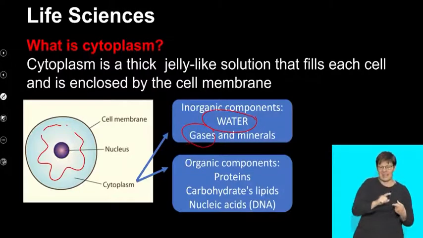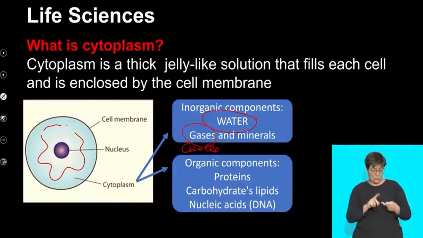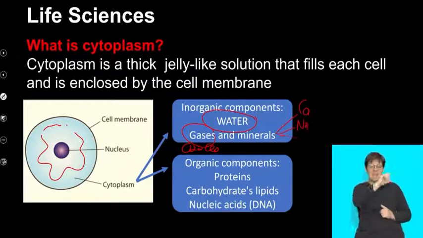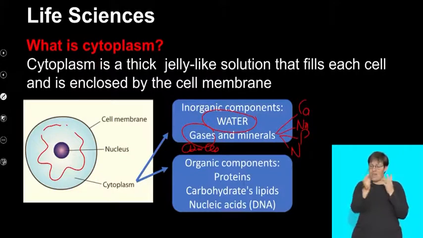What are my gases? Oxygen and carbon dioxide, and I'm going to have some minerals. What are my minerals? What did I look at during biochemistry? I looked at calcium, sodium, phosphate, nitrogen. All of my different minerals are there waiting in the cell.